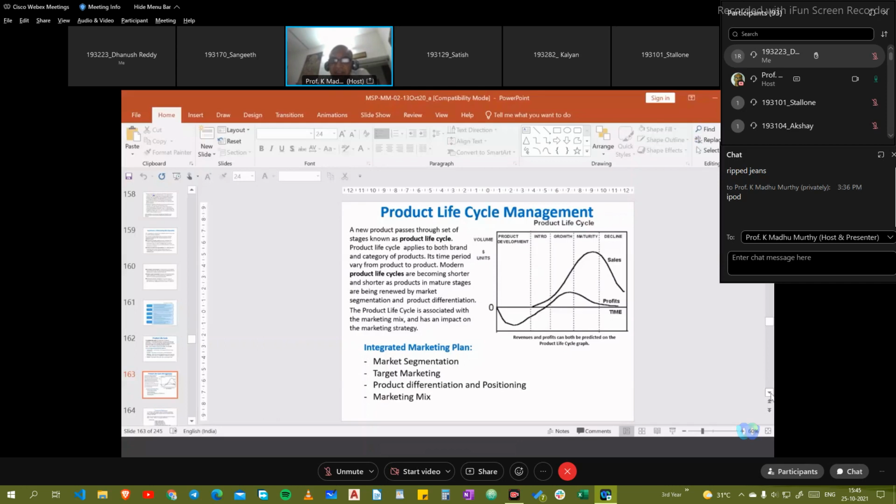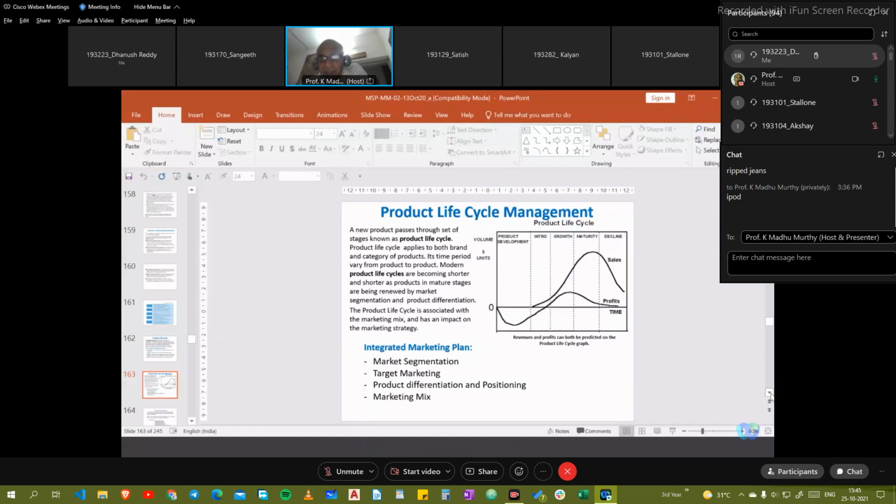If we consider below the x-axis as loss, above the x-axis is shown as profit. So almost at the end of the introduction stage, we just started making little profits. That means to say our revenues are little more than the expenses that we have been incurring for selling these items or doing this sort of business.